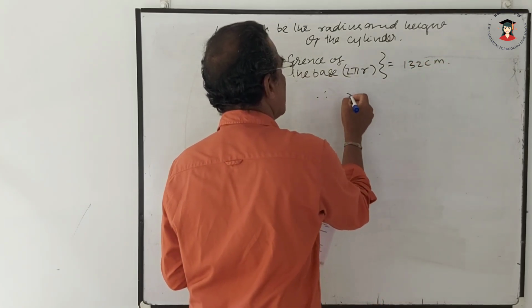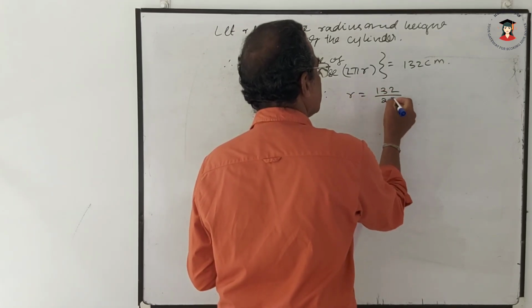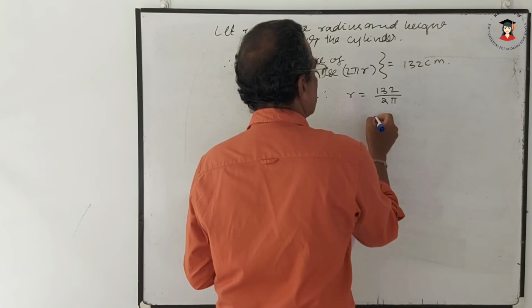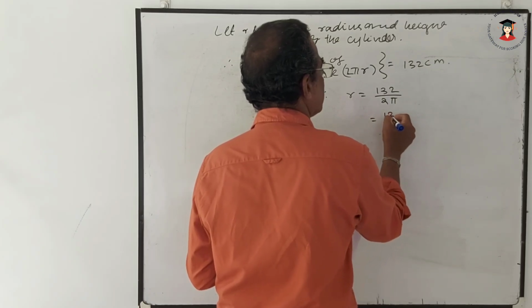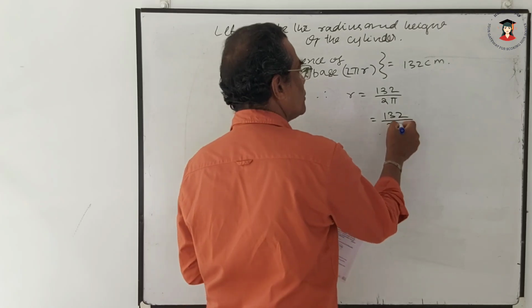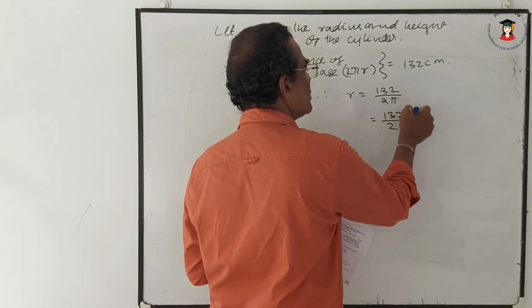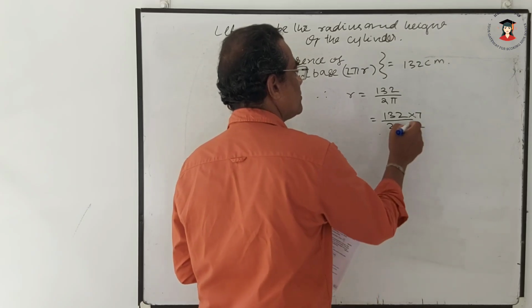Therefore, r is equal to 132 divided by 2 pi, and 132 divided by 2 into pi is 132 by 2 into 7 by 22.